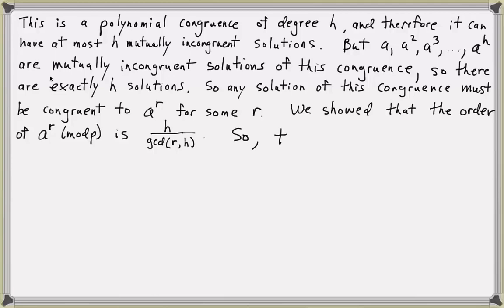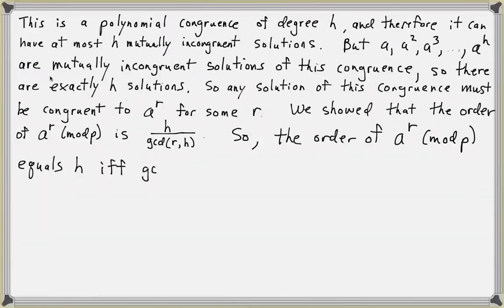So the order of a to the r mod p equals h if and only if the greatest common divisor of r and h is equal to 1.